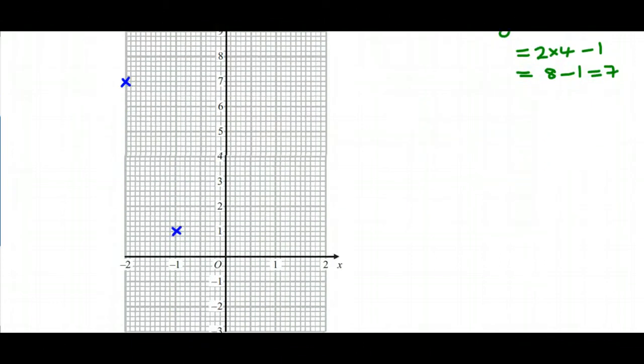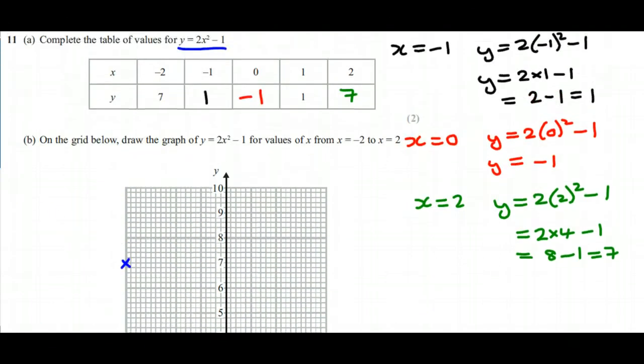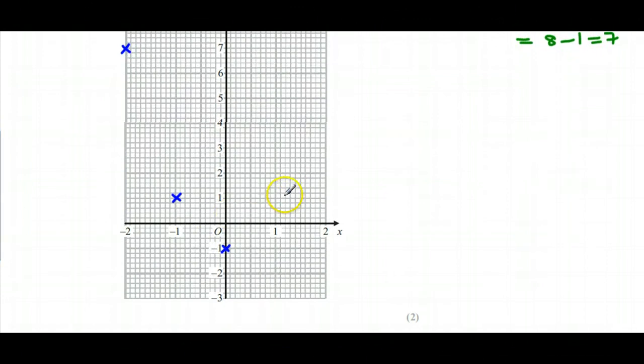When x is 0, y is -1, and you'll notice that then it's a mirror image of 1, 1, 2, 7. Now the trick is to draw a smooth curved line through those points.